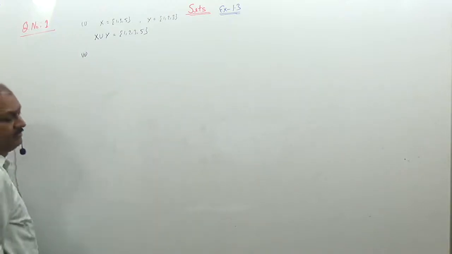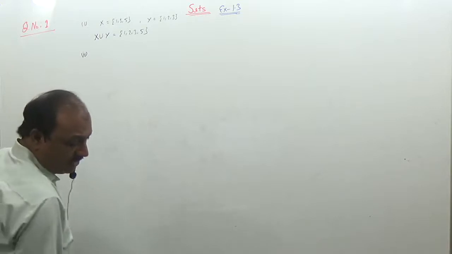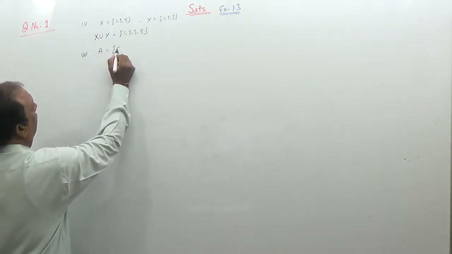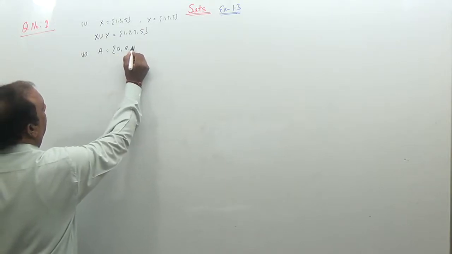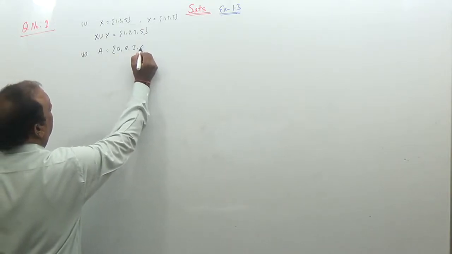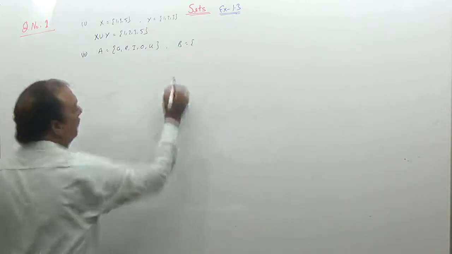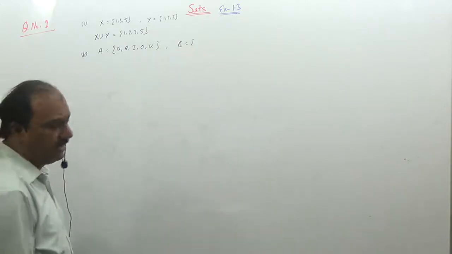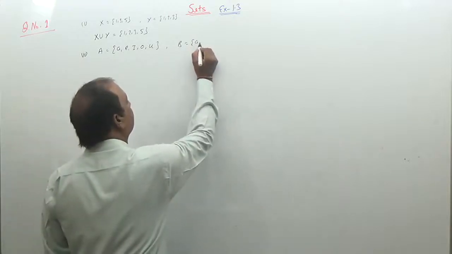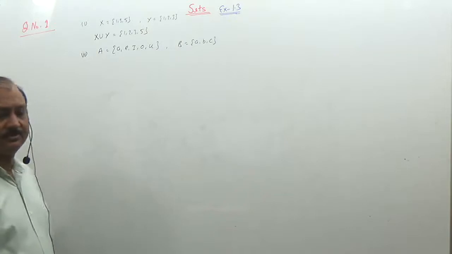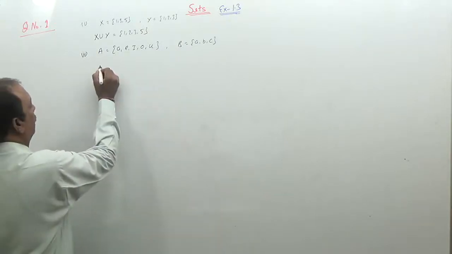The second example is, A is the set of vowels A, E, I, O and U. And B is the set of the elements A, B, C. We want to take their union.